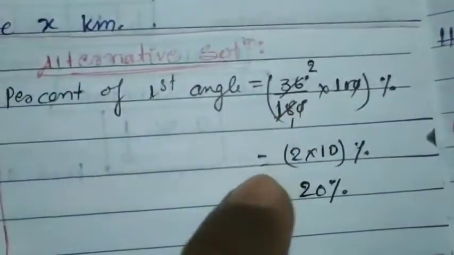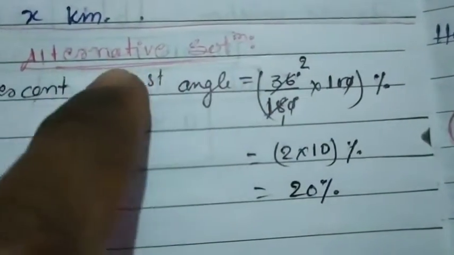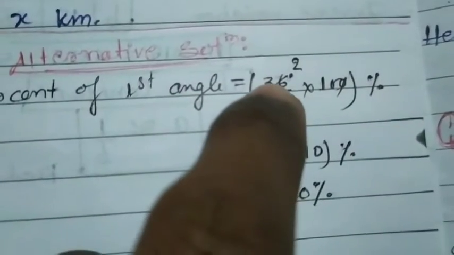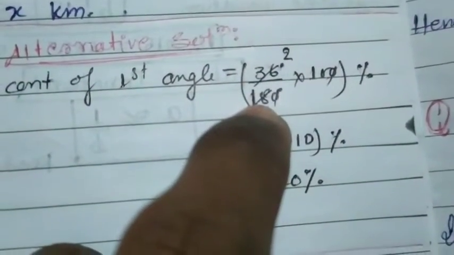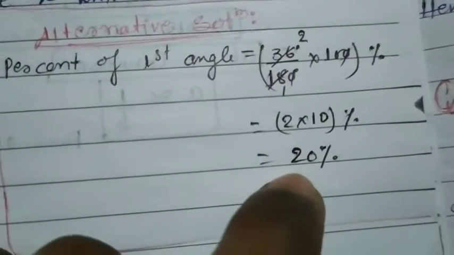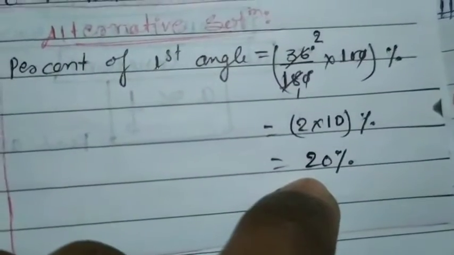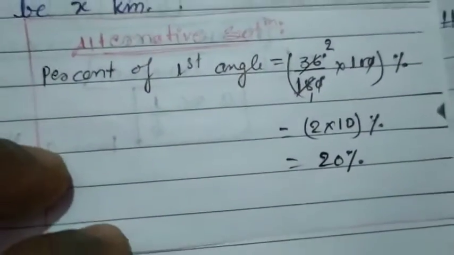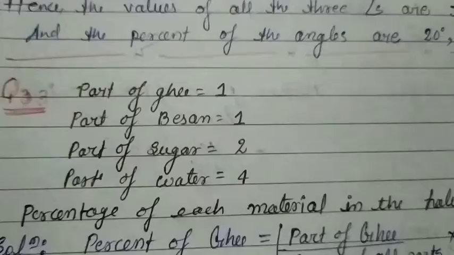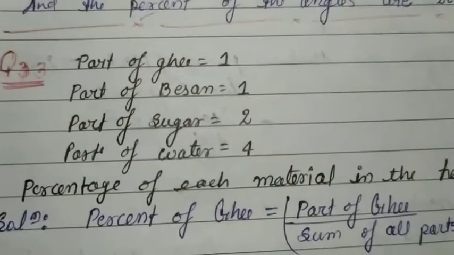I repeat, the percent of the first angle can be evaluated as: the value of the first angle by the sum of all angles into 100. You will get the same answer, that is 20%. So you can do this, you can do this also. The choice is yours.